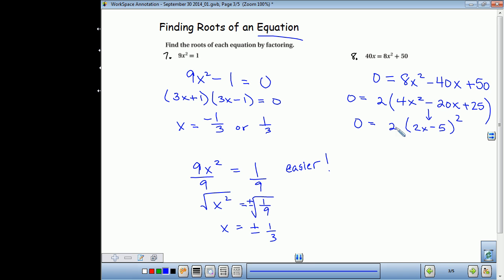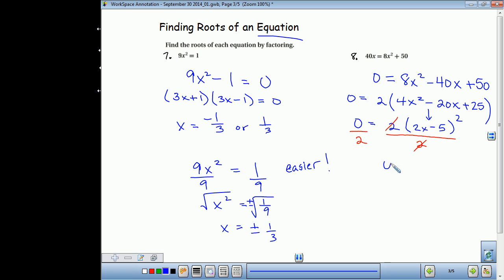Now, in terms of solving an equation, which is different than a function, does this 2 matter for an equation? Think about that while I show you this. Is it fair to use the division property of equality and divide both sides by 2? So that 2 went away. And over here I got 0 divided by 2.